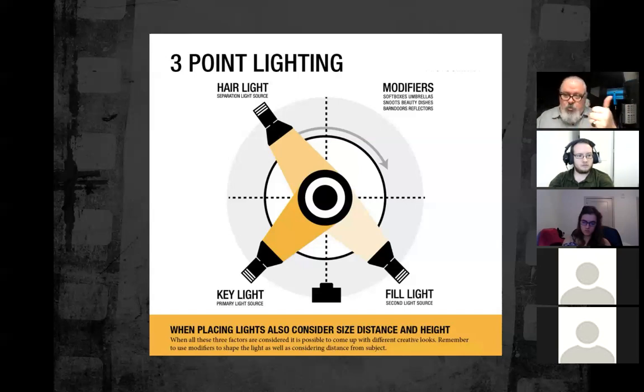It's going to help us create shape and texture within our subject by being more frontal or more to the side. We get more or less texture. And whether it be a high light source or a low light source, the way the shadows play on the face are also going to tell stories or inform us about our subject.